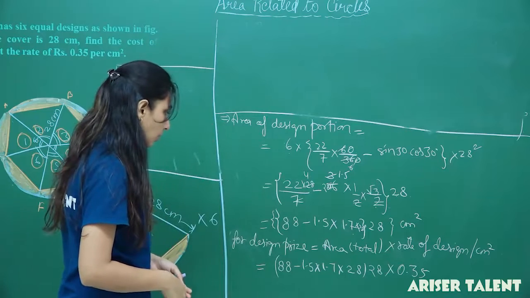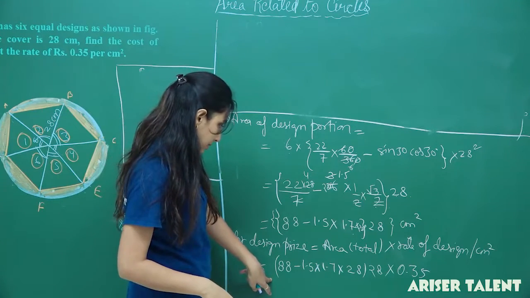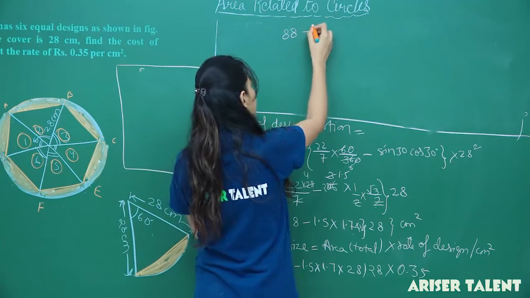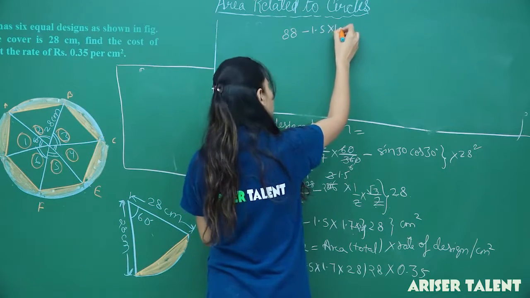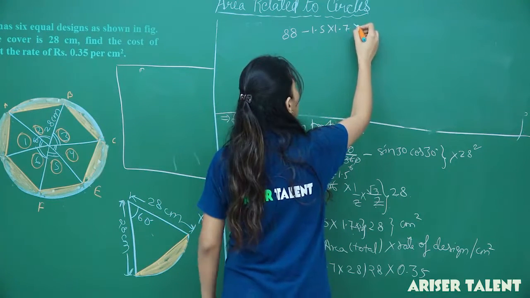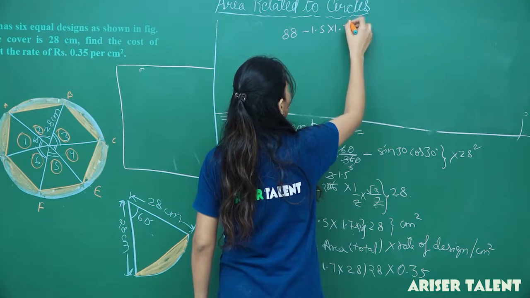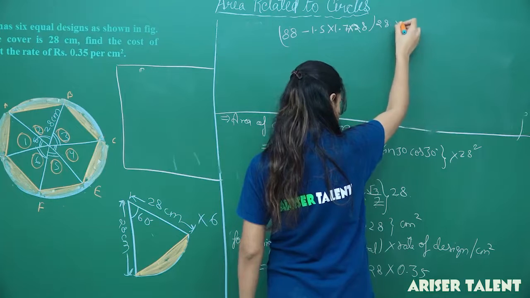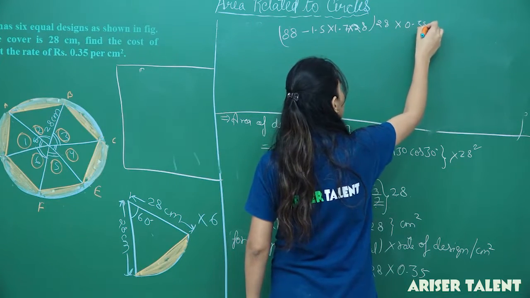Okay students, so what I am going to do is just 88 minus 1.5, 1.7, 28 here, again multiplied by 28 and 0.035.